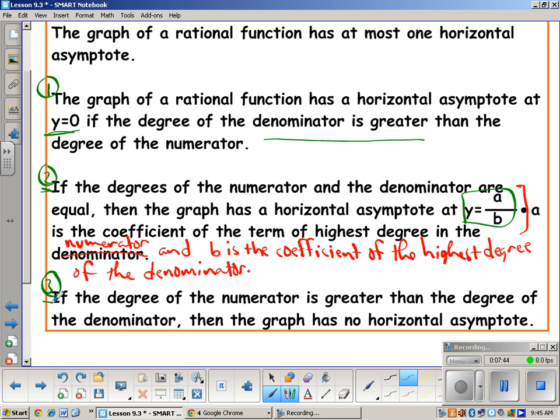Or the third one, if the numerator has a higher degree than the denominator, then there's no horizontal asymptote. And again, there's at most 1. So there's either 1 or none.